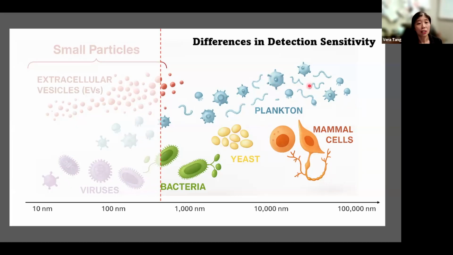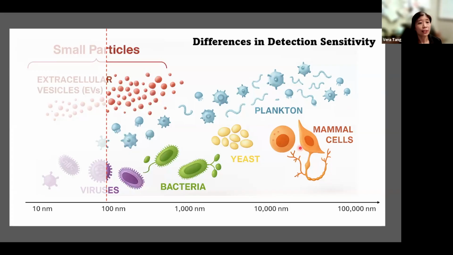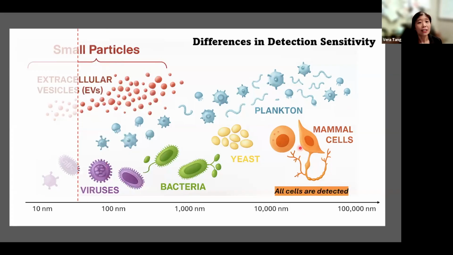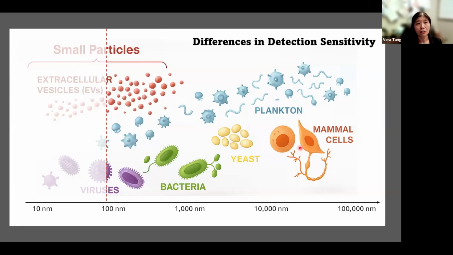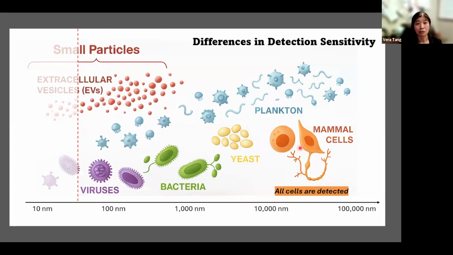Because most of us are looking at cells, and these are well within the detection limit of our favorite instruments. However, when we're dealing with detecting small particles, these differences in detection sensitivities are more obvious because we're using our instruments at the limit of detection.